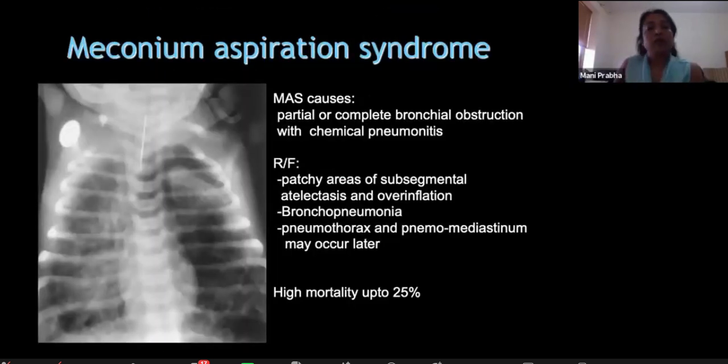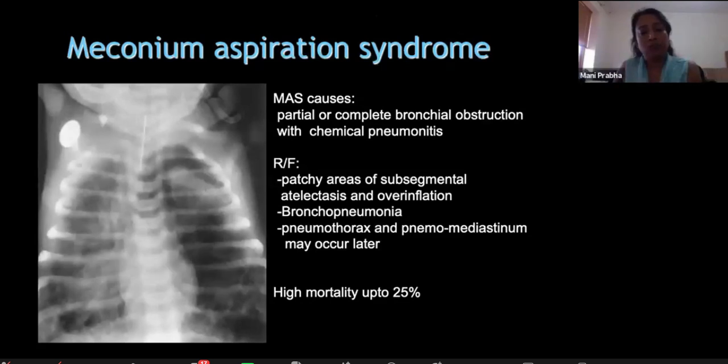So, what causes meconium aspiration? The cause is partial or complete bronchial obstruction along with chemical pneumonitis. That's what happens due to meconium. One, it causes chemical pneumonitis. Secondly, it blocks the bronchioles. So radiologically, we can see bronchopneumonia as a result of chemical pneumonitis.